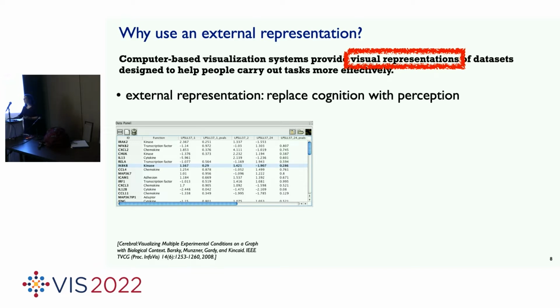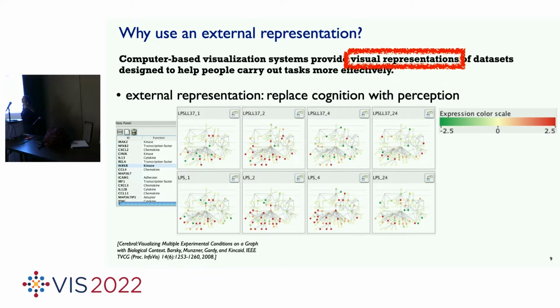So what we want to do instead is replace that cognitive act with a perceptual act, in this case, of actually, we've color-coded those quantitative attributes. In this case, it was response to two different conditions of an antibiotic and how genes are responding to that.